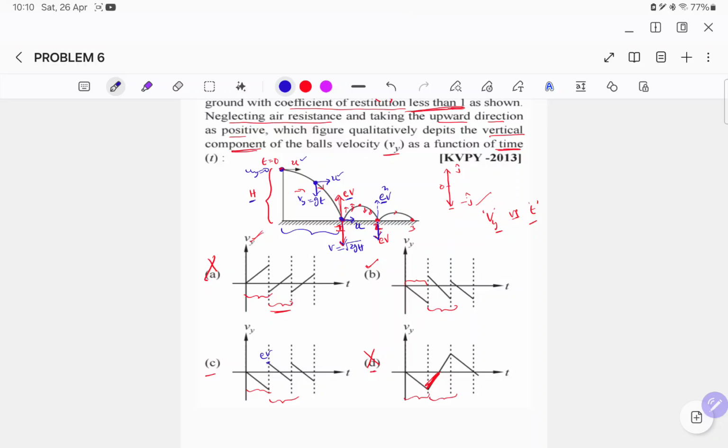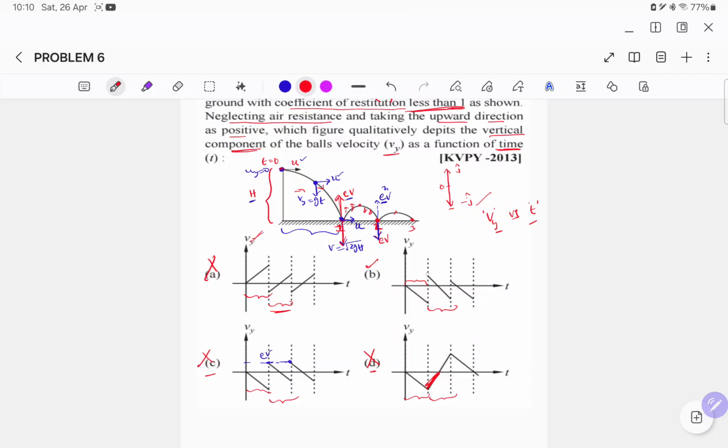When it started its journey in the upward direction just after the second bounce, its value is E square V, which is less than EV, but they have given the same value, isn't it? They have initiated this graph also starting from the same level. That itself is a wrong thing.